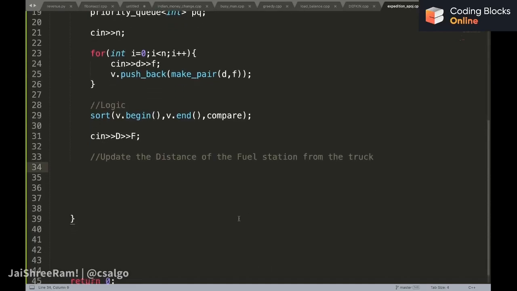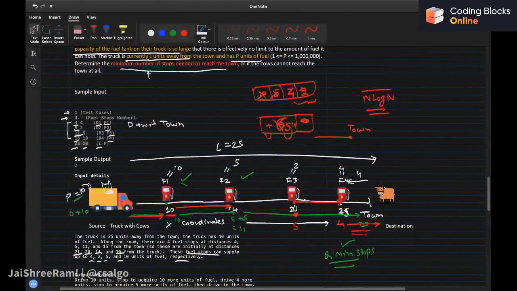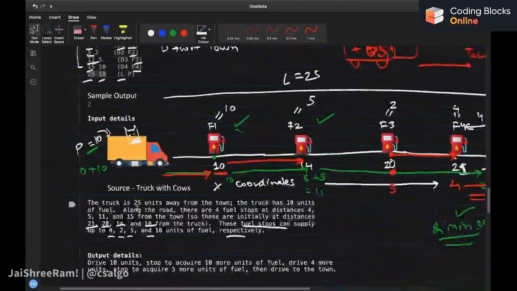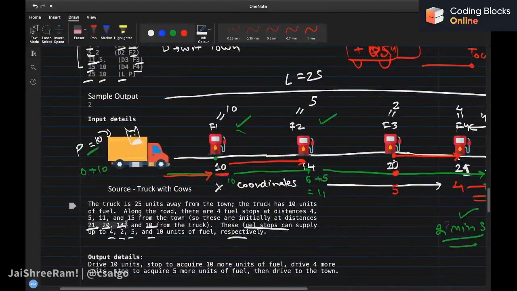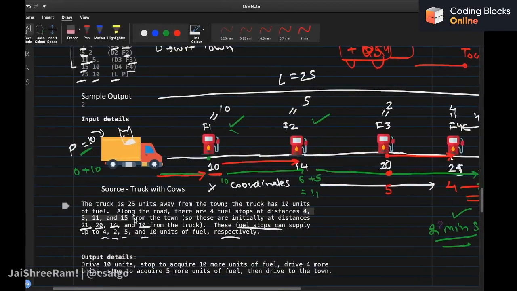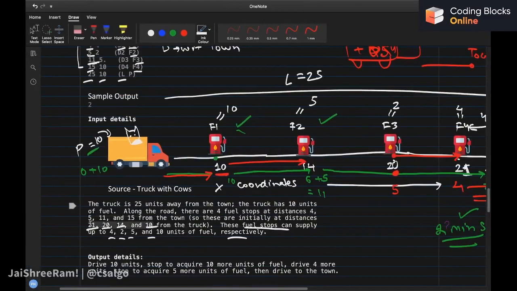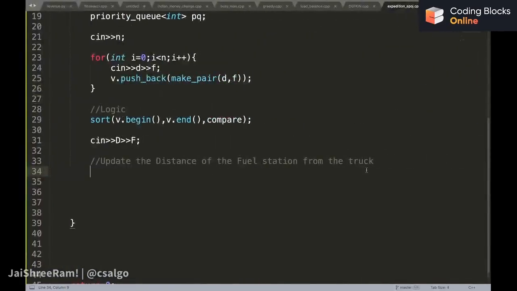So I'm going to iterate over the vector. Initially I have created this vector like this, 20, 20, 14 and 10. Actually I want to create this. So we have 4, 5, 11 and 15 from the town, that is sorted in the reverse order, and we will subtract every value from 25 so that we know the distance from the truck.